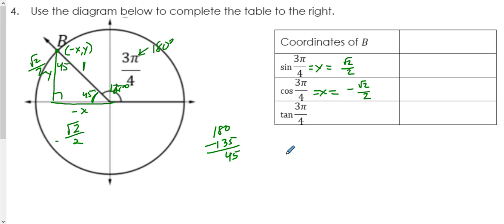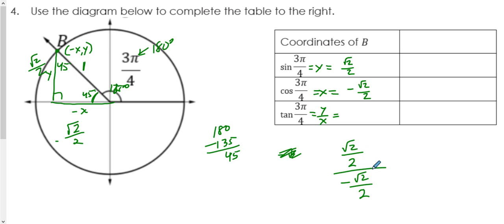Now, I hope you guys recognize what this ends up being. Look, it's the square root of 2, it's y over x. So that's going to be square root of 2 over negative square root of 2 over 2. I just want you to think about that for just a second.